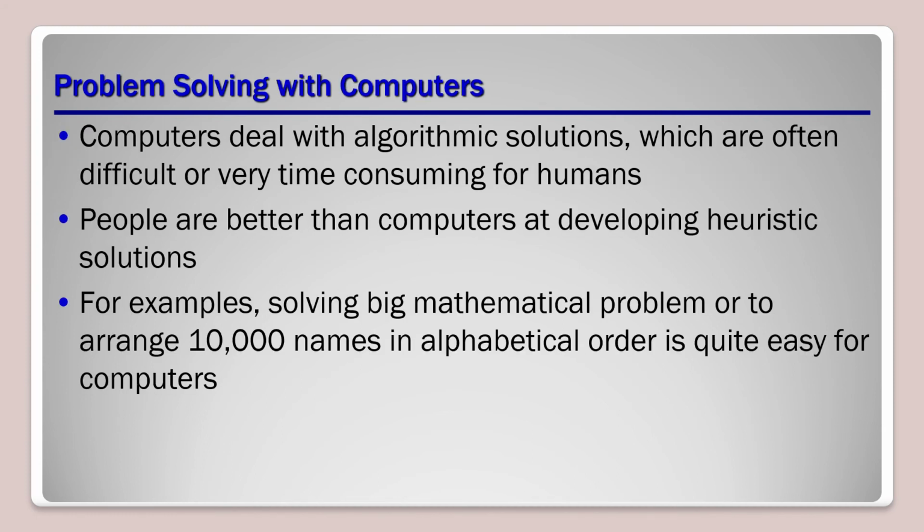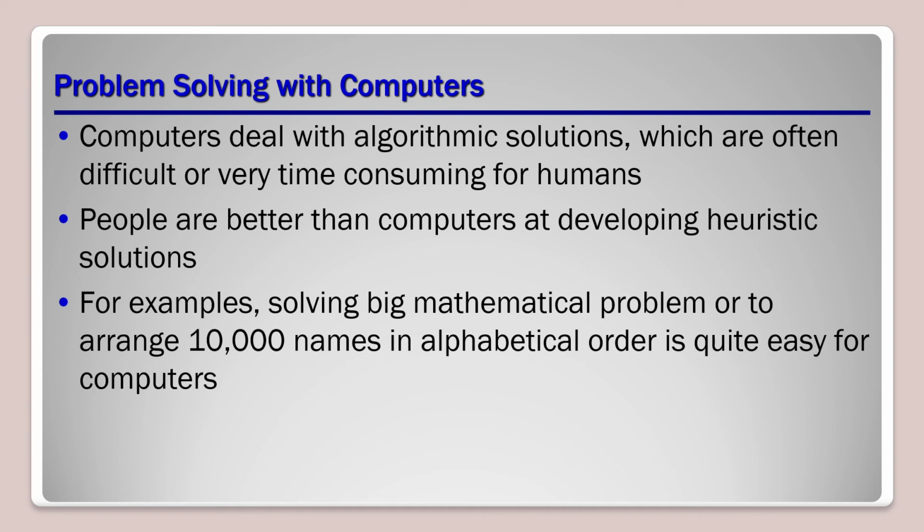And now I will discuss problem solving with computers. So guys, those problems which we have talked about are generic problems, and then we discussed the types of problems. As I told you, there are two types of problem in a generic sense.